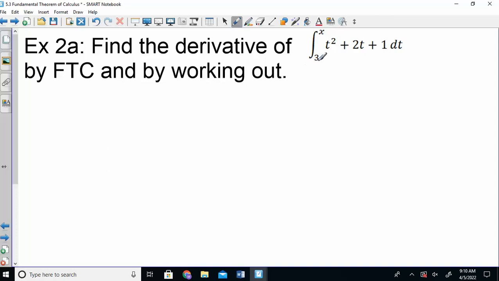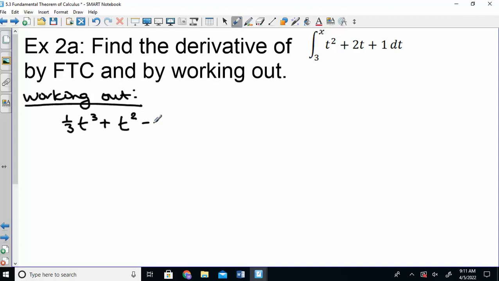So if I ask you to find the derivative of the integral, if I wanted to work it out, first we would have to find the antiderivative, right? So what is the antiderivative of t squared? What is the antiderivative of 2t? T squared. And what's the antiderivative of 1?